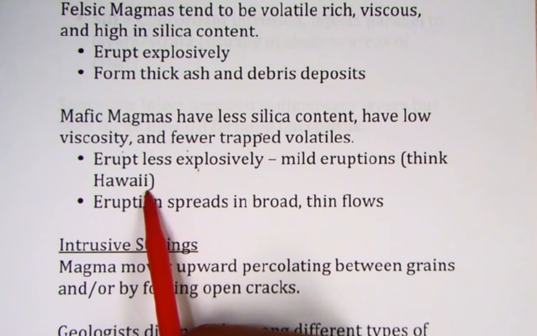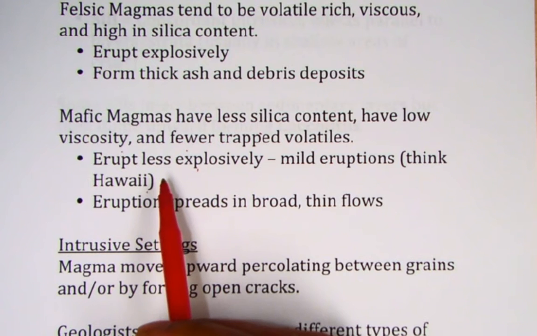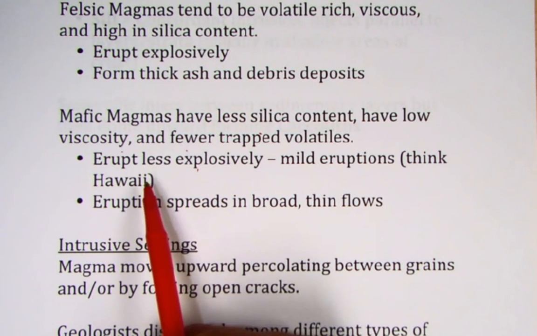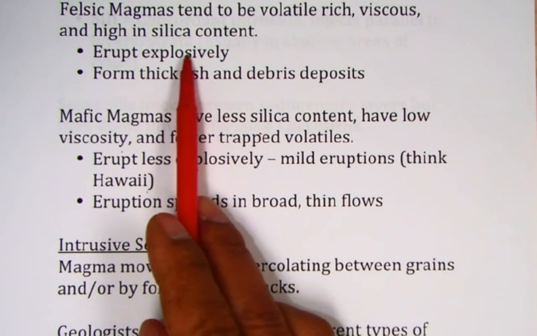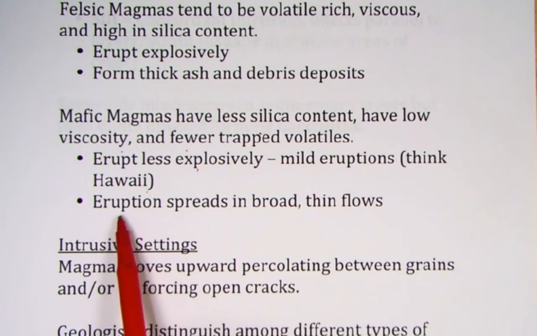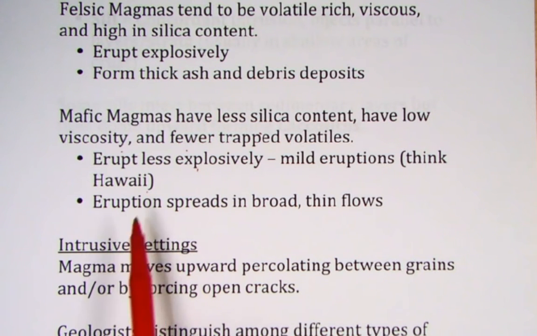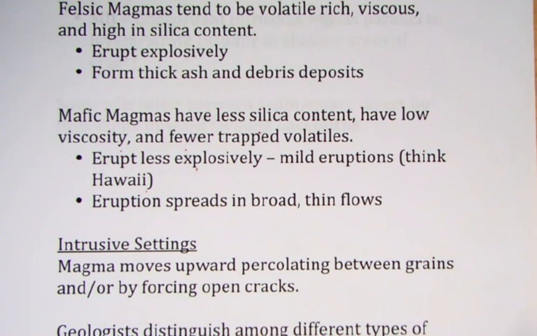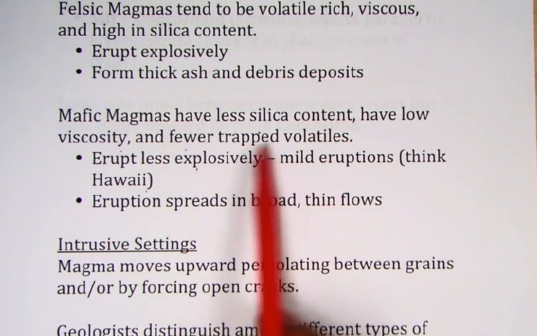You can pay people money to fly you in a helicopter right over a volcanic eruption in Hawaii. You would never want to do that with a felsic volcano. You'd get vaporized. Again, these mafic eruptions tend to spread in broad, thin lava flows because they have a low viscosity.